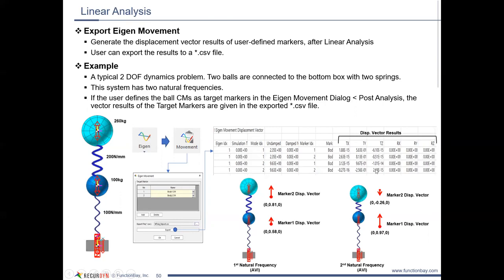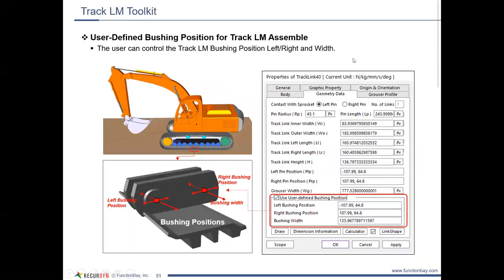So what we can see here is the translations in the X and Z direction are essentially 0, but you can now see what the Y translation is for the different modes. So that can be very useful for passing along the information for other uses.